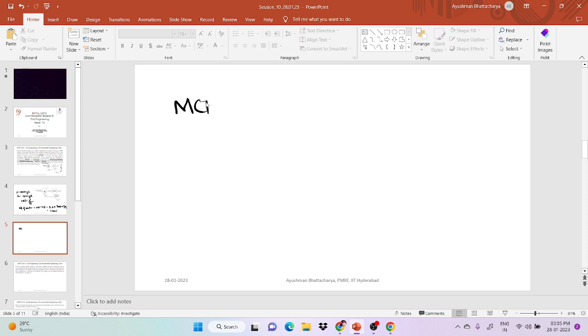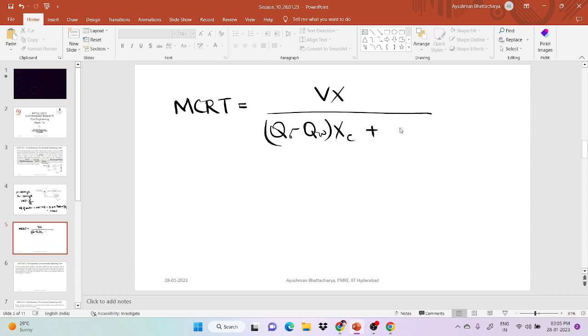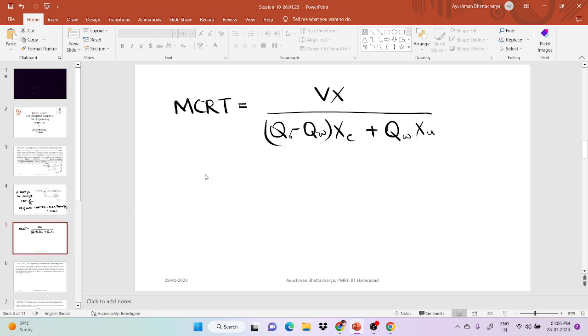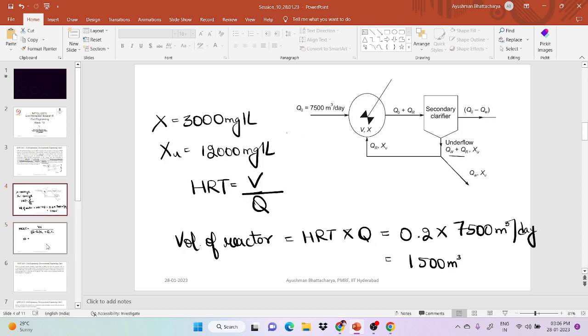Mean cell residence time is equal to V into X divided by (Q naught minus QW) XE plus QW XU. The mean cell residence time is given in the question as 10 days. So MCRT is 10. The volume we just calculated in the reactor is 1500 meter cube.